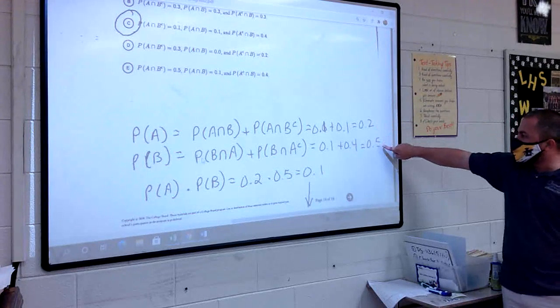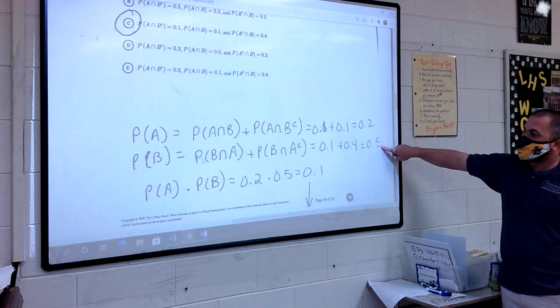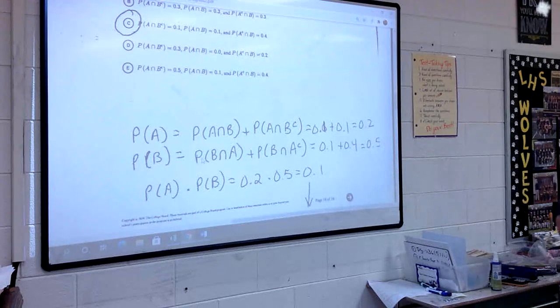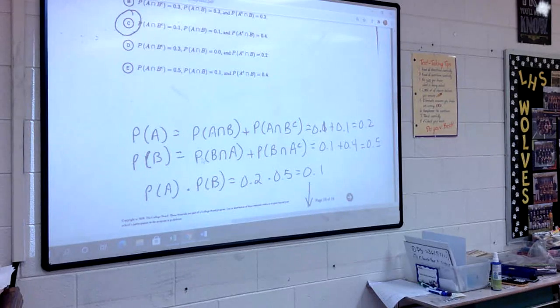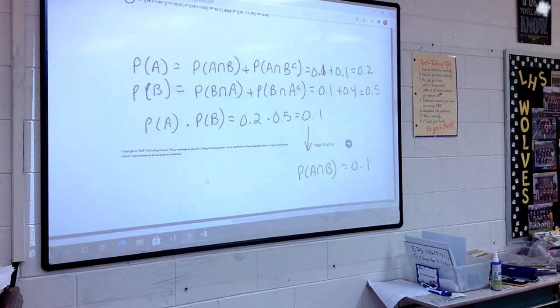Probability of B happening is 50%. For the two events to be independent, the probability of them both happening has to be A times B. Well, the probability of A times B is 0.2 times 0.5, which is 0.1. And we know from C that the probability of A and B happening is 0.1.